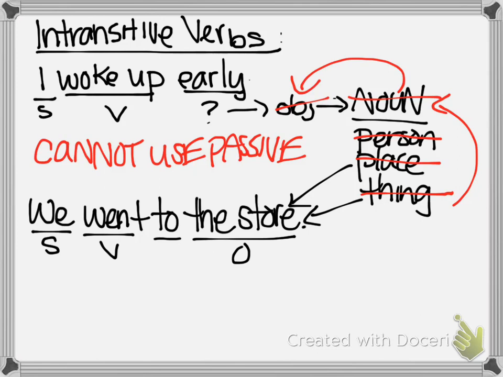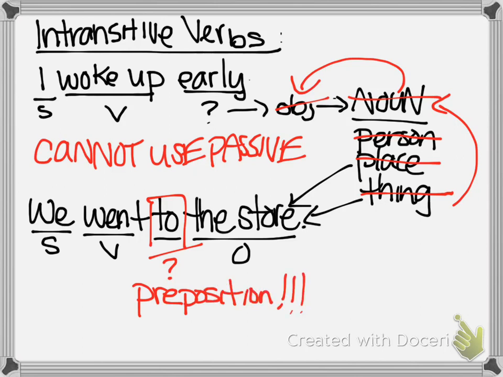That looks like an object. But we have this little word right here too, and this is not an object. This is a preposition. And when we have a preposition, we cannot use the passive. So this is actually not an object. This is called a prepositional phrase.